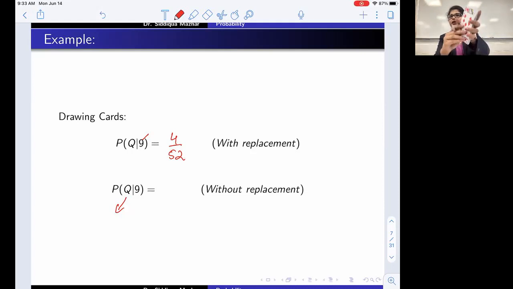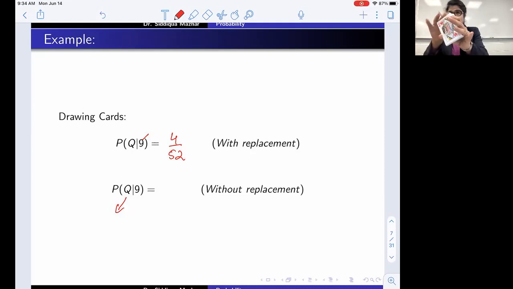I'm finding the probability of finding 9. So this 9 I took out. The probability of finding 9 is 4 by 52 in the first trial. I put this card into my pocket, not back into the deck. So how many cards do I have now? 51, because it is without replacement.